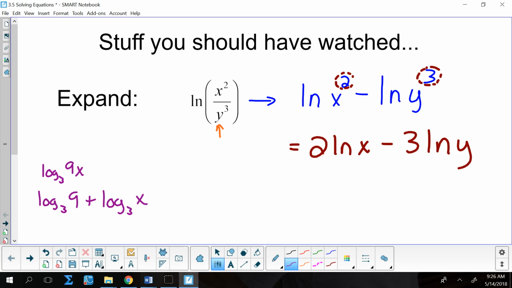Here, what exponent can I put on 3 to get 9? That is 2. So this is 2 plus log base 3 of x. In a solving problem, now we could subtract 2 from both sides and go on. That is why we do it that way.